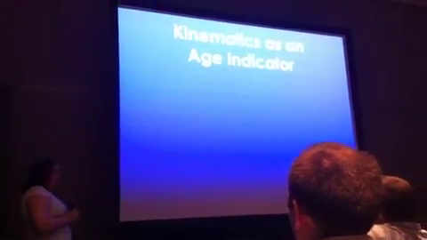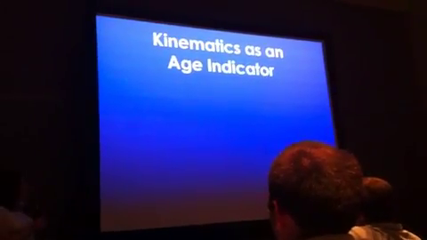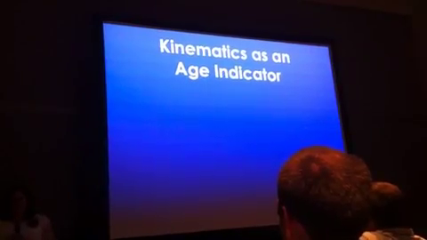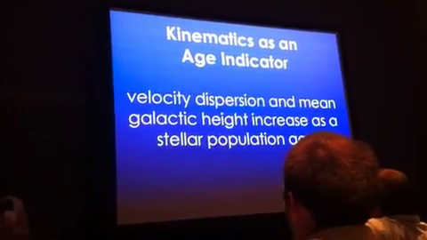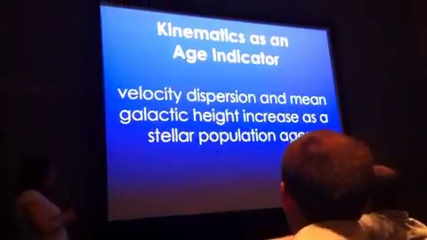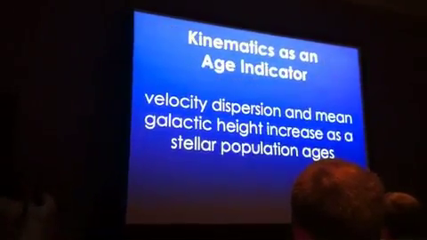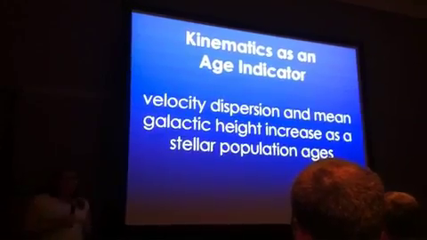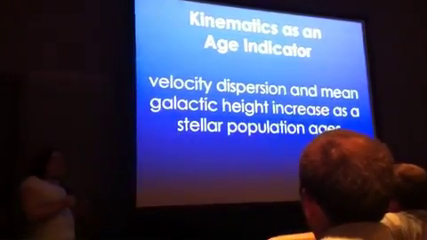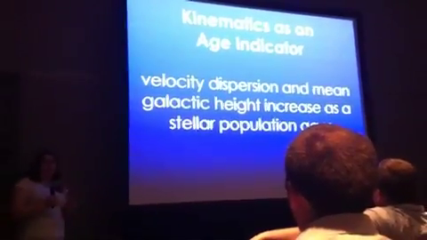So kinematics, in case you need a refresher, or if you don't, I'm still going to tell you, are useful as an age indicator because the velocity dispersion and mean galactic height increase as a stellar population ages. This is because as stars orbit in the galactic potential, they have increasing numbers of interactions with molecular clouds in the plane of the galaxy.